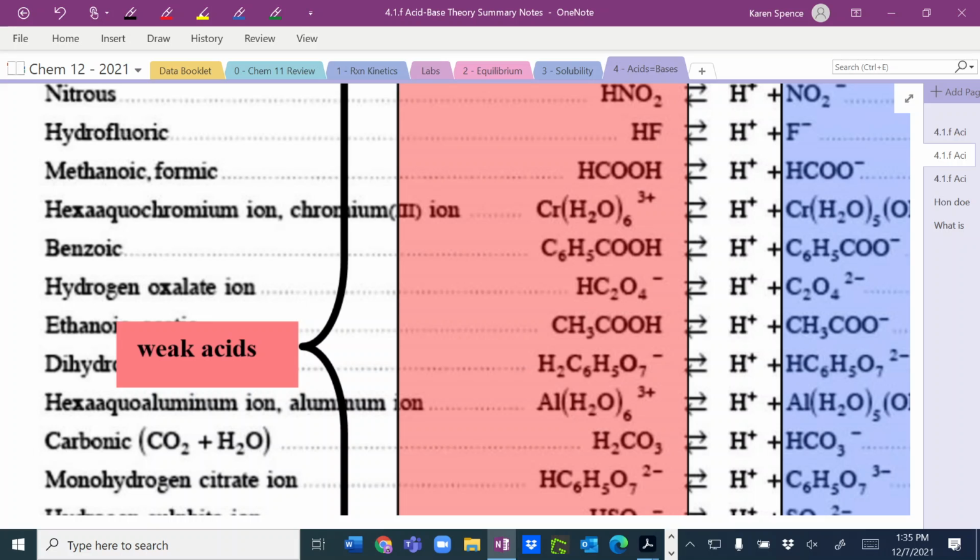most of the acid is floating around in its undissociated form. Yes? Most of it, and I can't make them all move because I don't have like 16 hands. Yes? And there's only a little bit of it that is dissociated. Okay? And that's why we call them weak acids. They form an equilibrium.